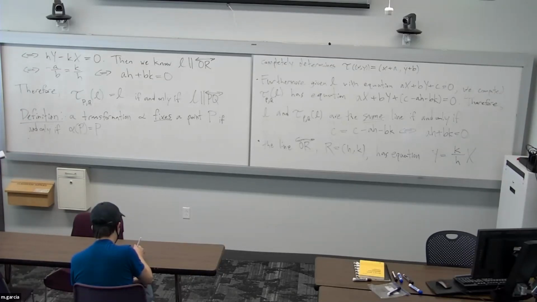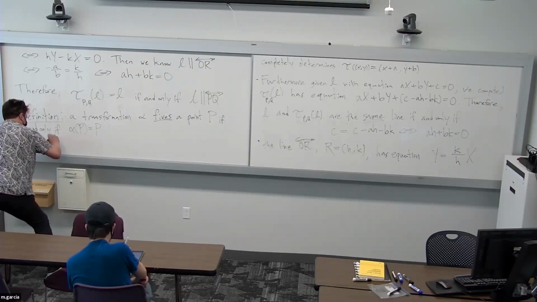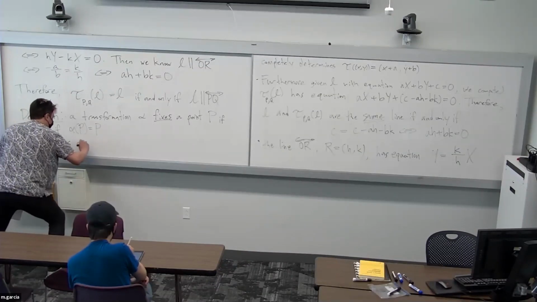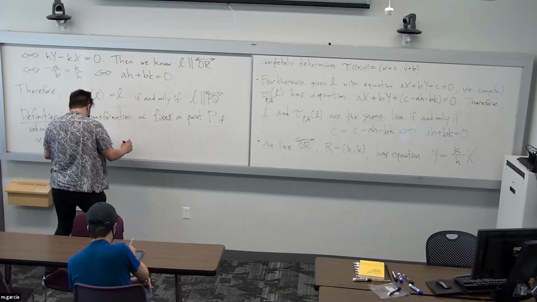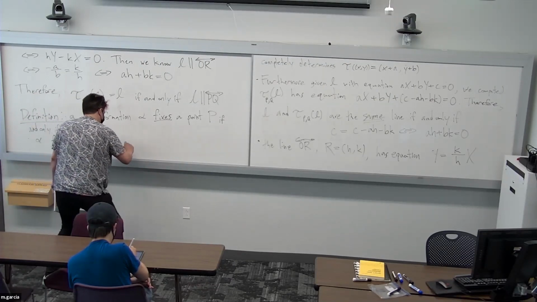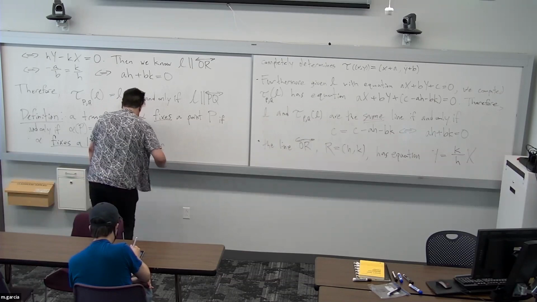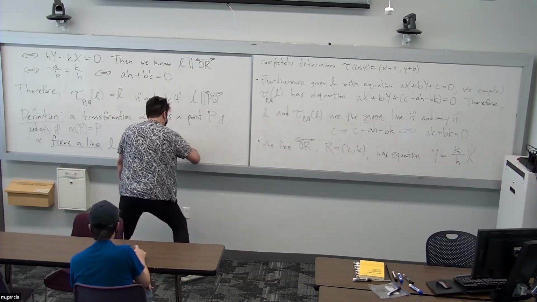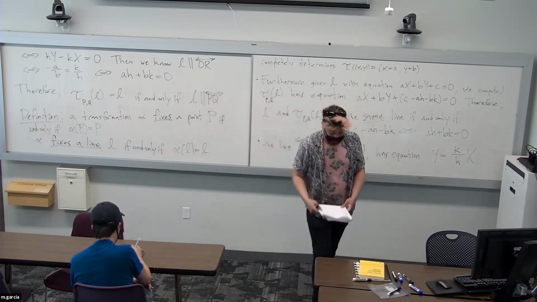Furthermore, you can talk about a transformation fixing any set. So let's say alpha fixes a line L if and only if alpha of L is equal to L. Now, there's a subtlety here.